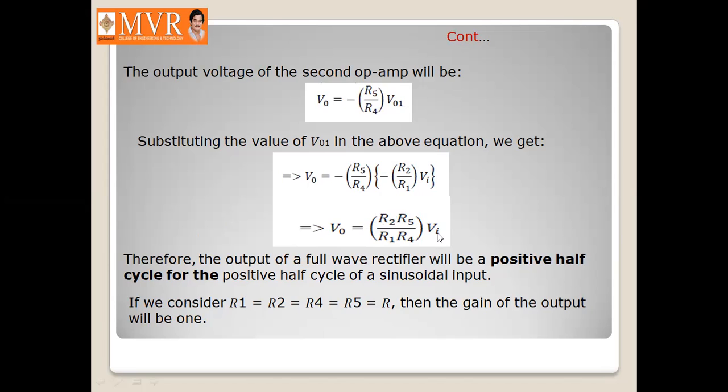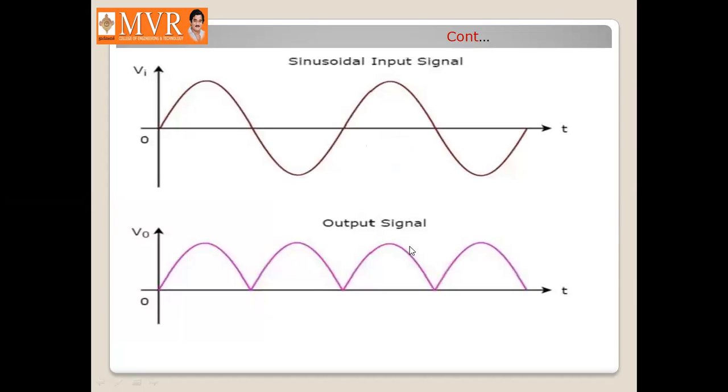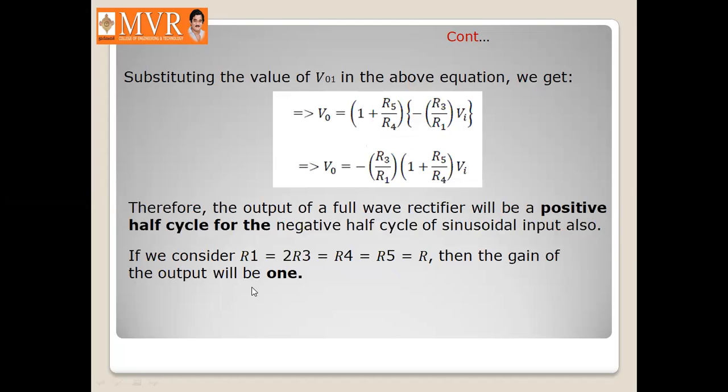In this way, it produces the positive half cycle as its output during the positive half cycle of the input signal. We get the positive half cycle as it is. There will be no change with this circuit.